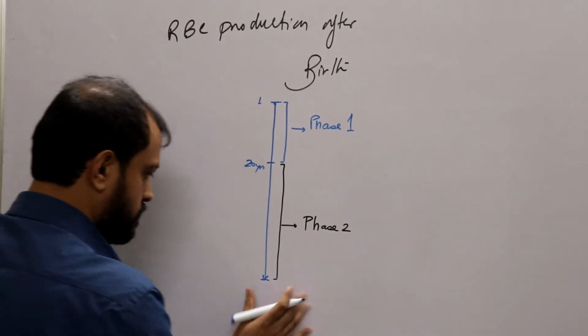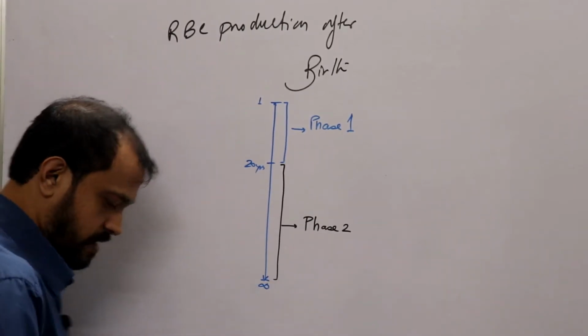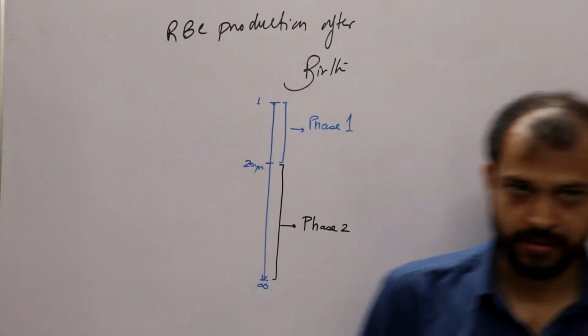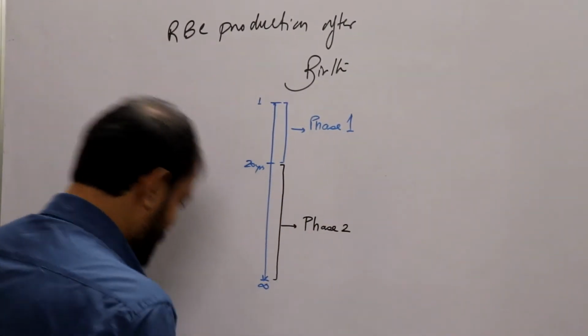If infinite means what? Maybe 60, 70, till death, till the end of life.